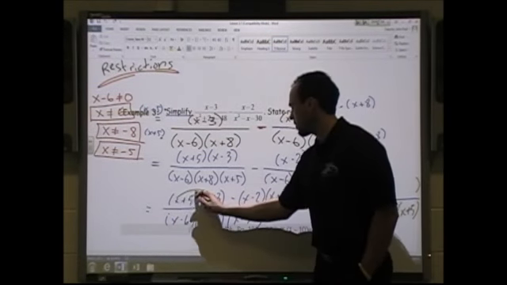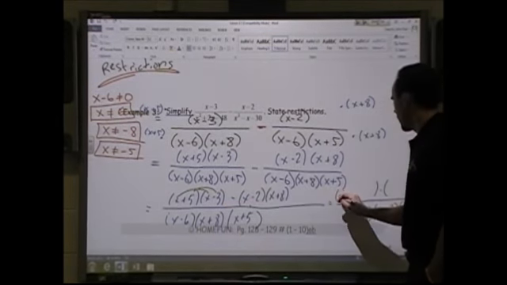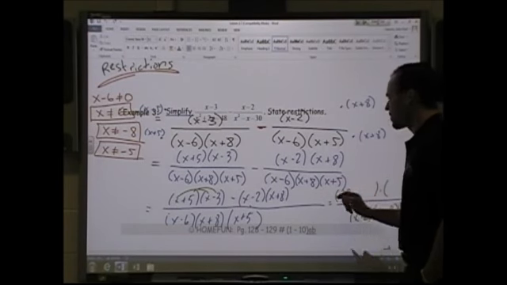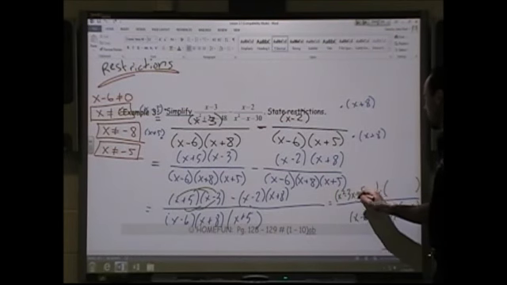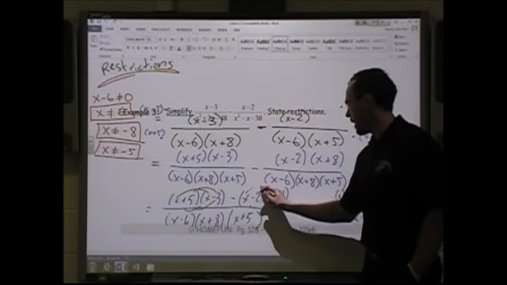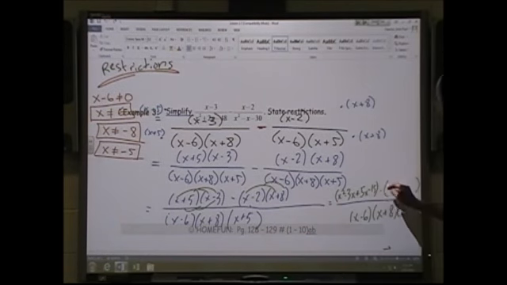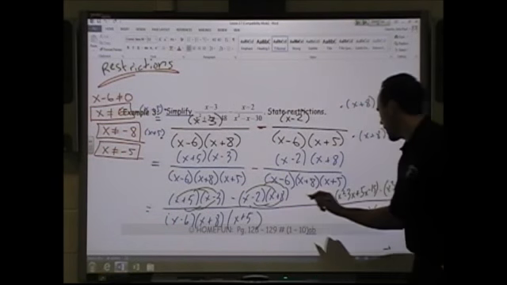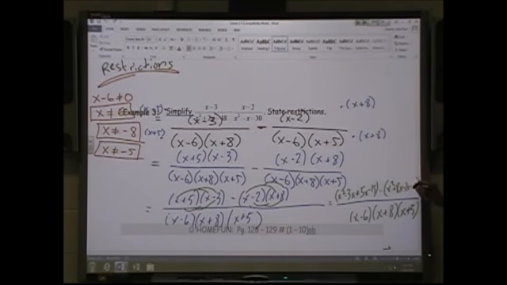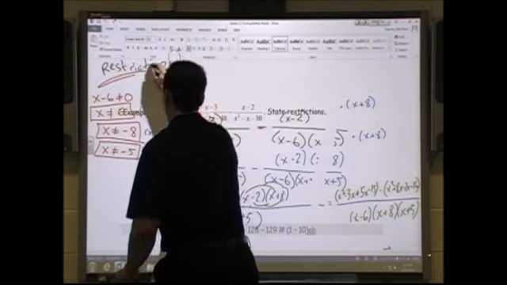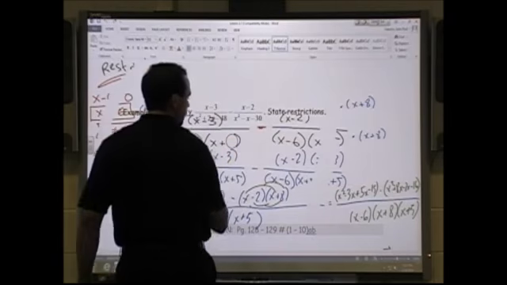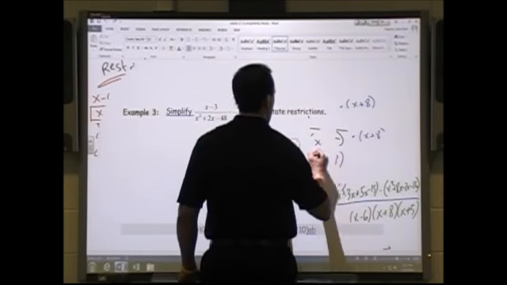Multiplying this all out, I have x squared minus 3x, multiplying the 5 out, plus 5x minus 15. And over here, I have everything in here times everything in here: x squared plus 8x, and then negative 2x minus 16. I'm going to erase some of the stuff I did here because I didn't have enough room.